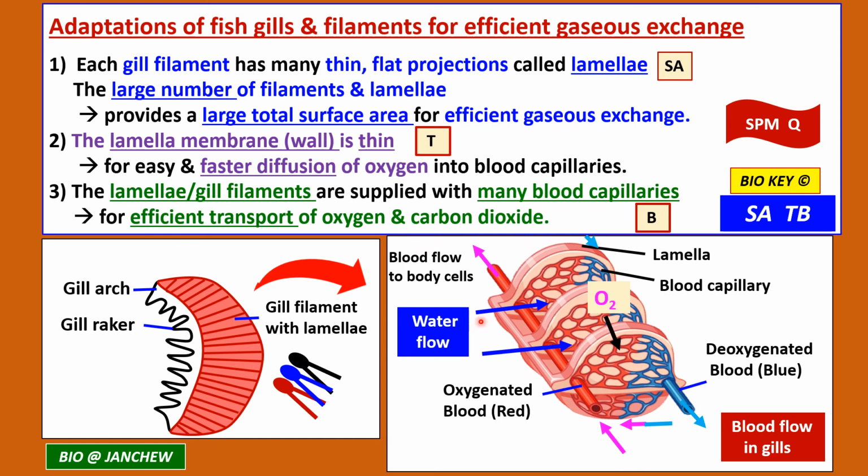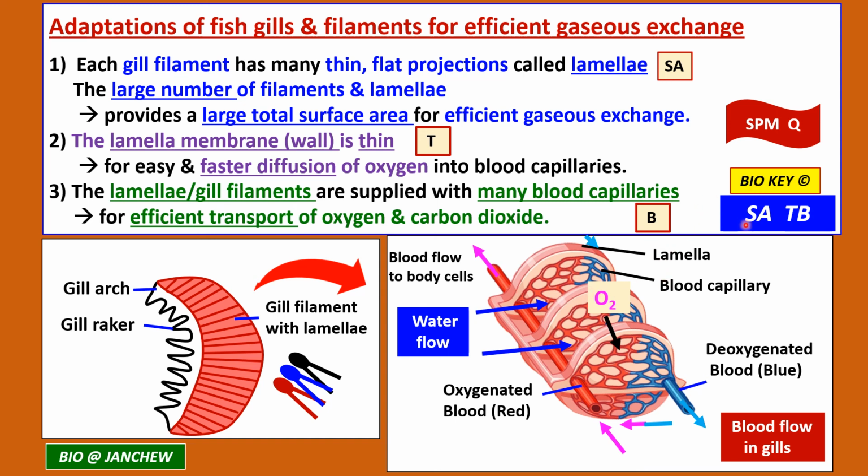The oxygen from the water will diffuse into the blood capillaries, and after that the blood capillaries will carry this oxygen to the body cells, right? That's why there are many blood capillaries for efficient transport of oxygen and carbon dioxide. The carbon dioxide will be transported to the water here, and it will diffuse out from the blood capillaries into the water.